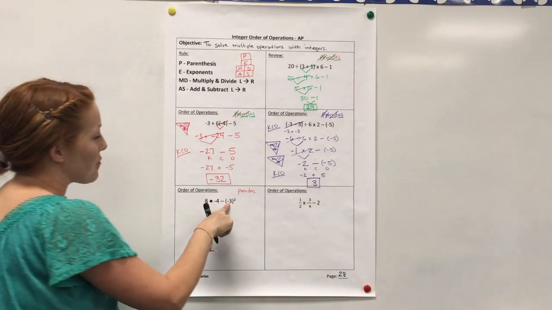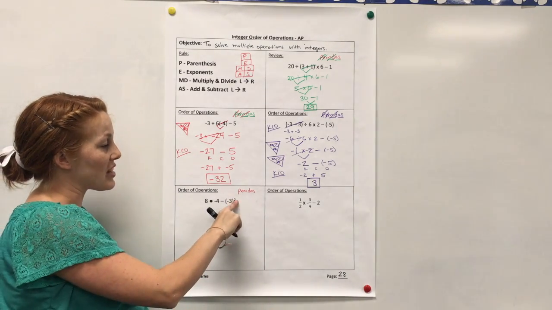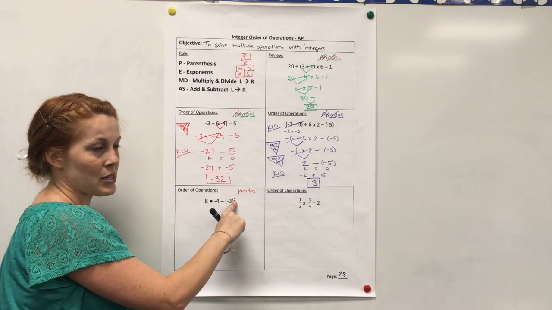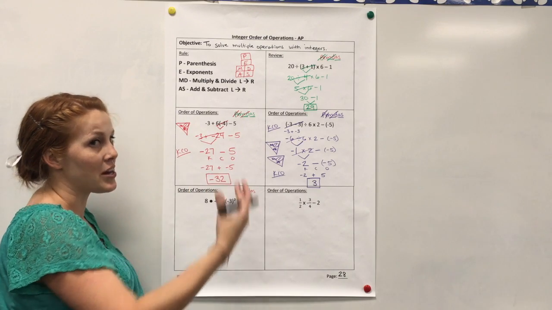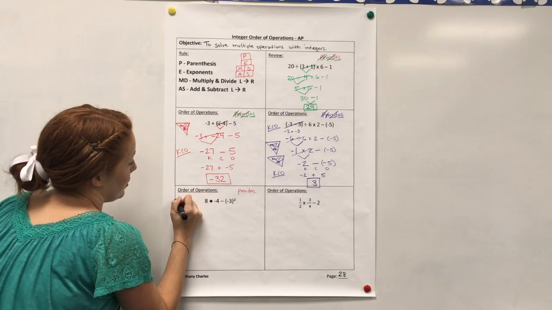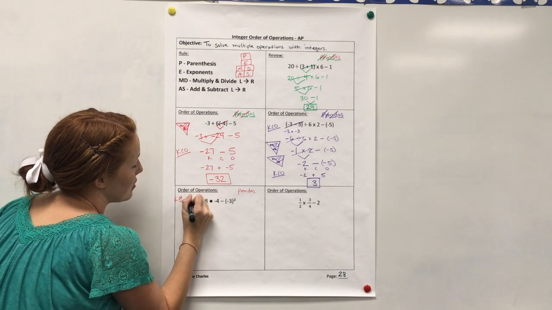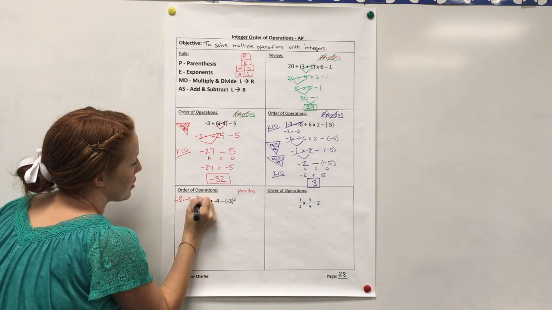Okay, negative 3 to the second power. Well, remember the exponent means you're going to multiply this number this many times. So negative 3 times another negative 3. Negative 3 squared means negative 3 times negative 3.